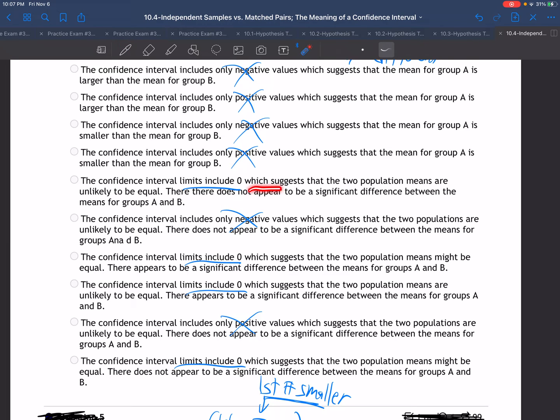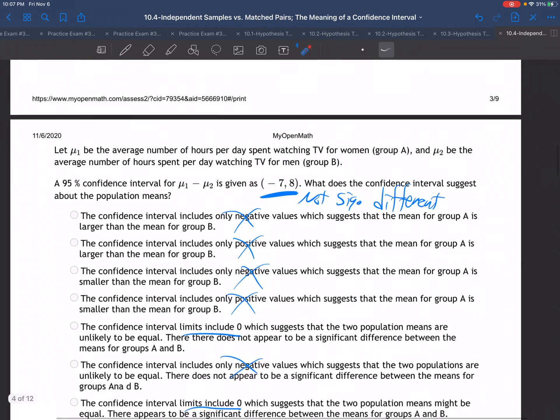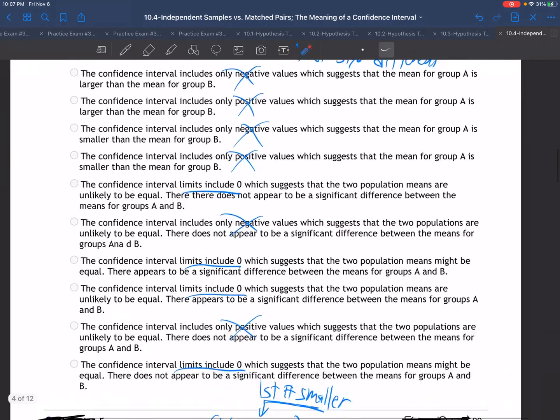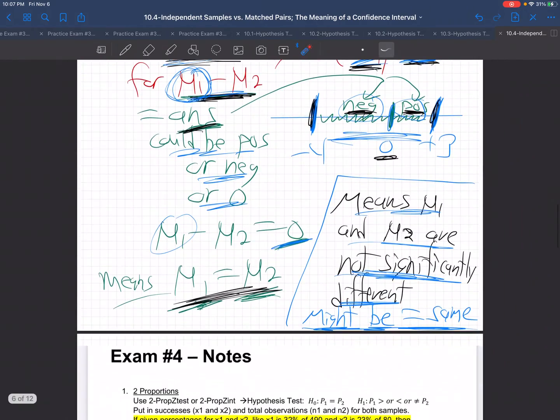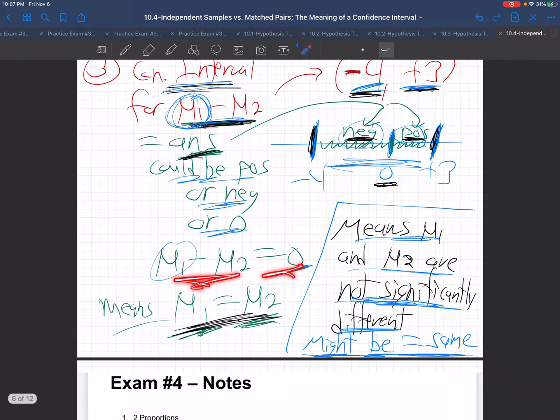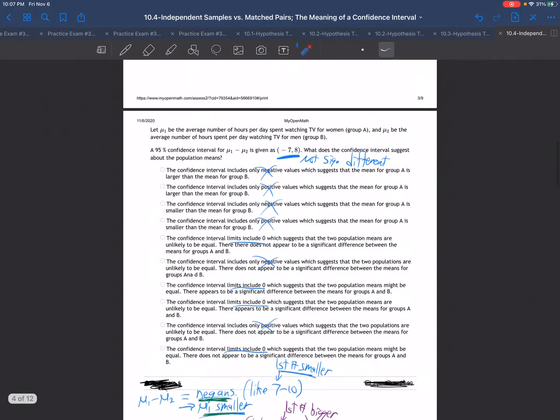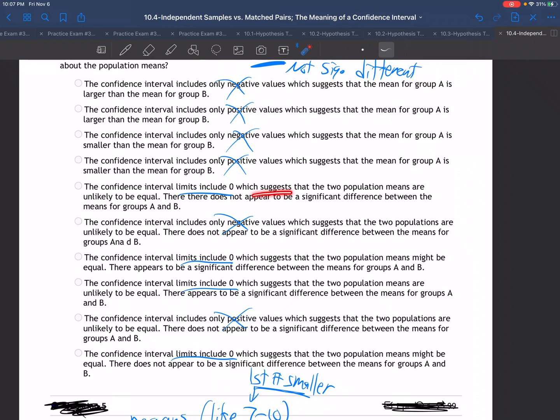All right. Which suggests that the two population means are unlikely to be equal? No. They could be 0, right? They could be 0, like I said down here. If the difference is 0, they might be the same. Right? They might be the same. So the two population means are unlikely to be equal? No, they could be equal. That's bad wordage right there. That's not true.